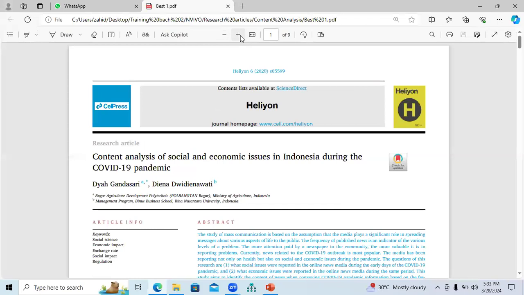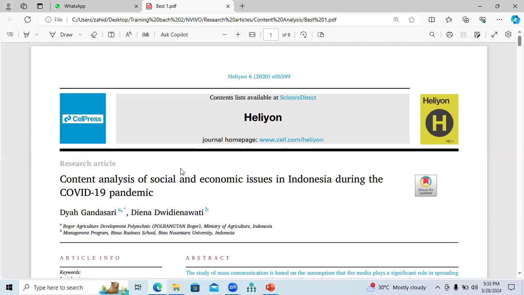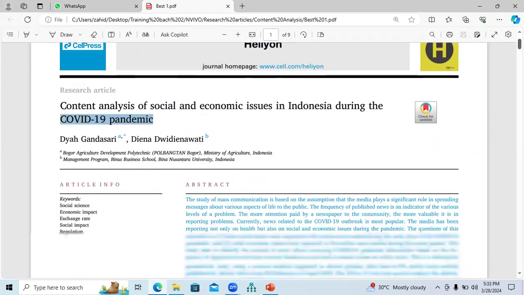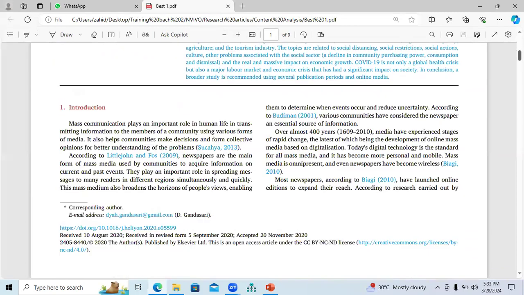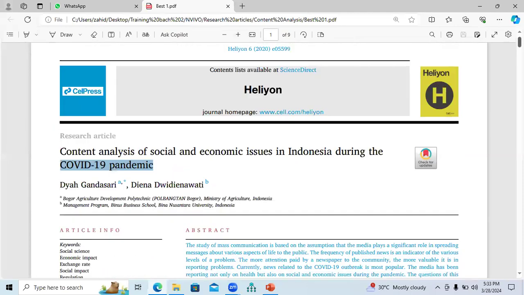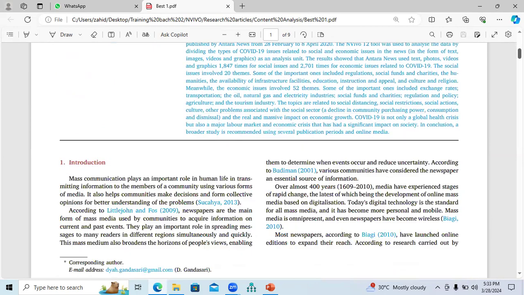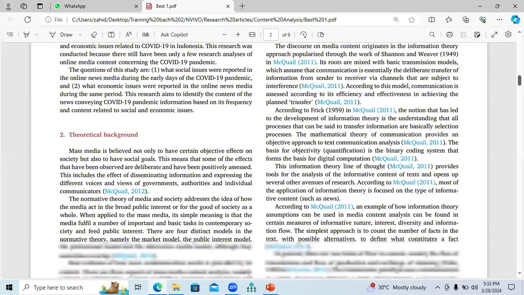This is one of the studies published by Heliyon, content analysis of social and economic issues in Indonesia during the COVID-19 pandemic. So they have created a content analysis regarding the social and economic issues in Indonesia during COVID-19.